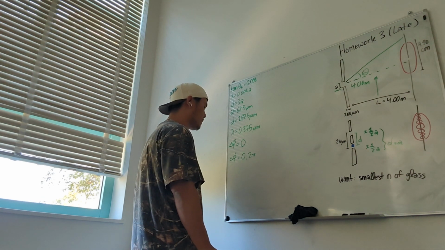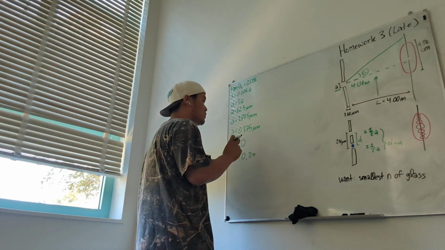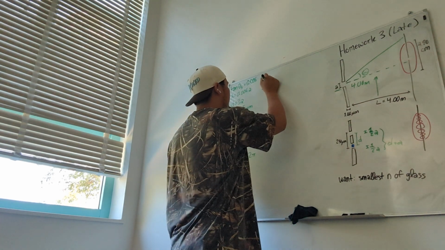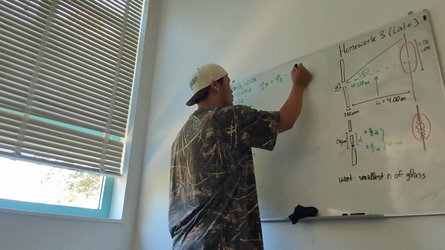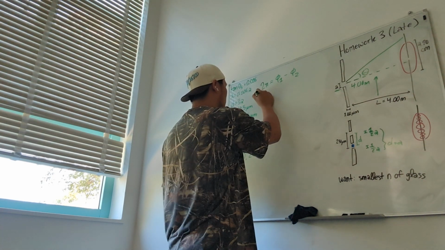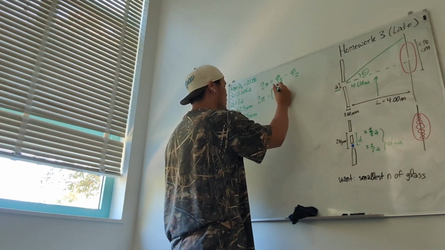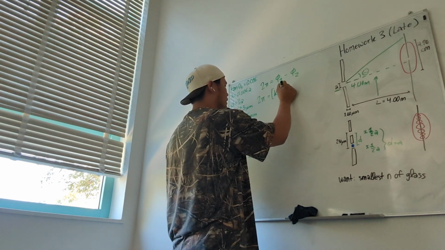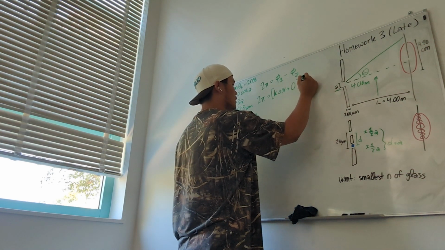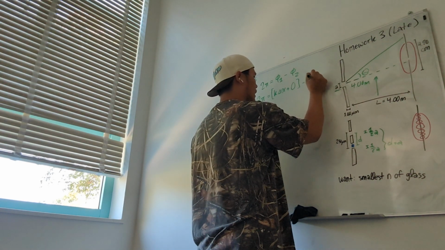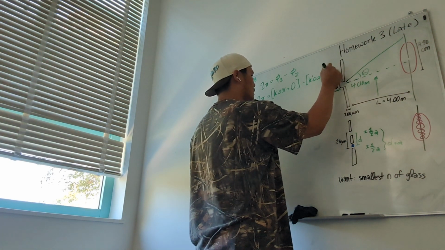Right? So let's work with that. If we know that delta phi is 2 pi, that would just mean 2 pi is equal to phi 1 minus phi 2. Okay, well, 2 pi is equal to k delta x plus 0 minus k prime delta x plus, again, 0.